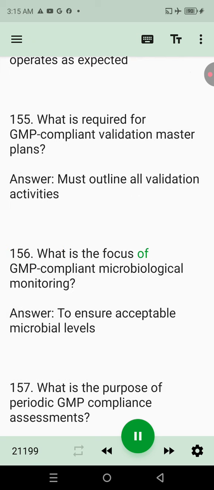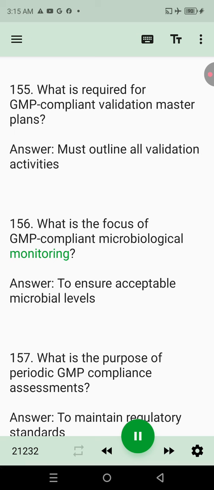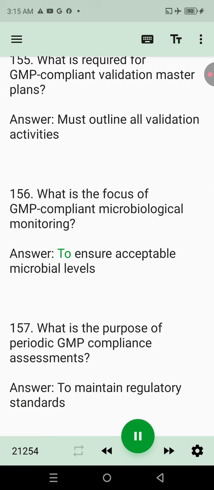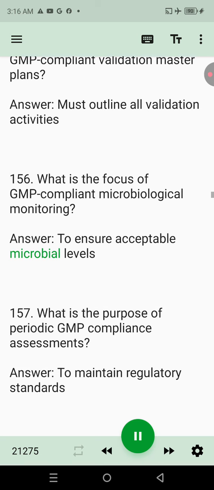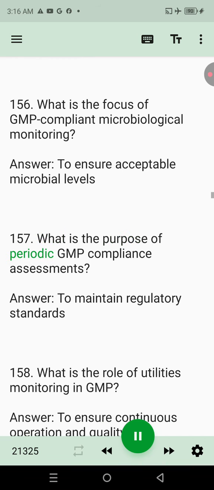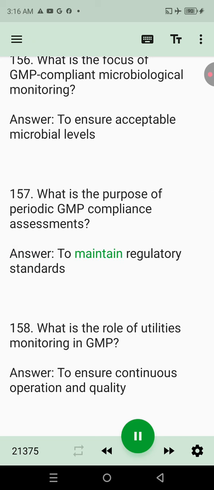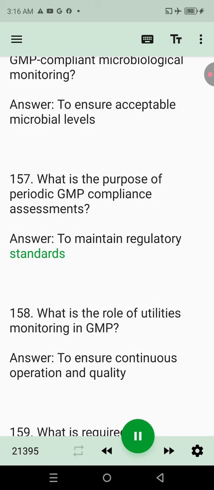What is the focus of GMP compliant microbiological monitoring? Answer: to ensure acceptable microbial levels. 157. What is the purpose of periodic GMP compliance assessments? Answer: to maintain regulatory standards.